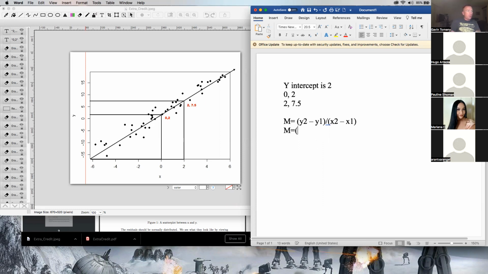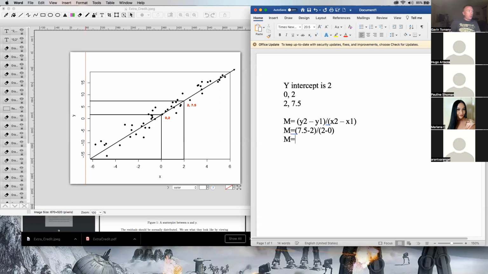So we type this out. Our y2 is 7.5 minus our y1 is 2, divided by 2 minus 0.